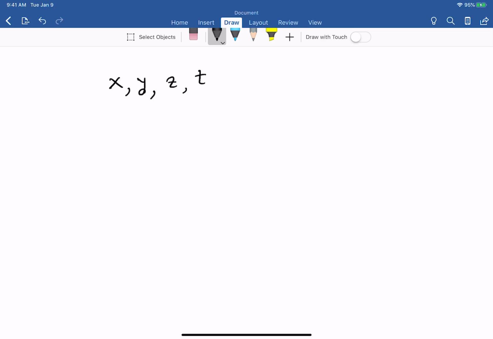But Einstein realized that these three dimensions of space and one dimension of time can be combined into a mathematical object, which is called space-time. You can understand why it's called space-time. It's got both space and time sort of combined together.